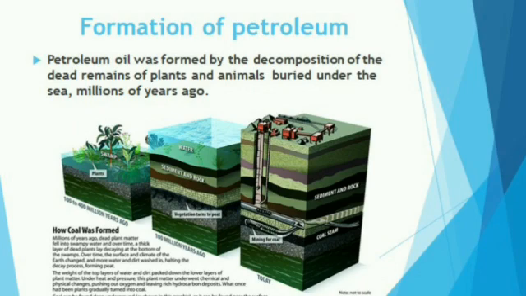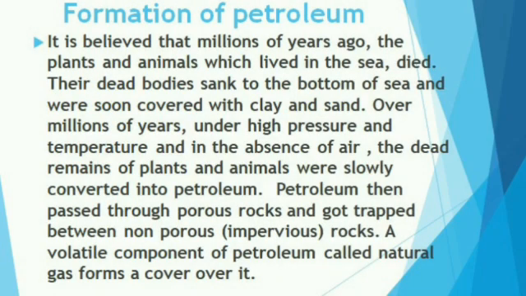It is believed that millions of years ago, the plants and animals which lived in the sea died. Their dead bodies sank to the bottom of the sea and were soon covered with clay and sand. Over millions of years, under high pressure and temperature, and in the absence of air, the dead remains of plants and animals were slowly converted into petroleum.